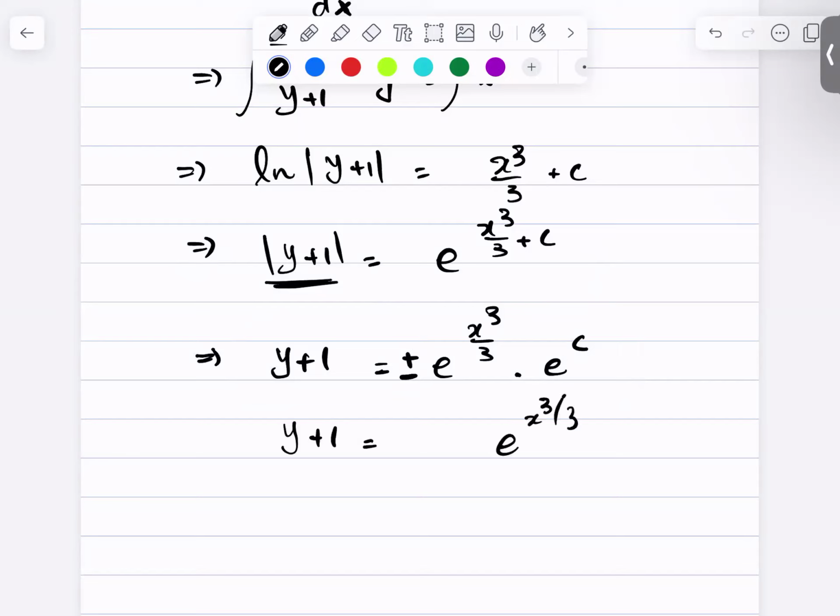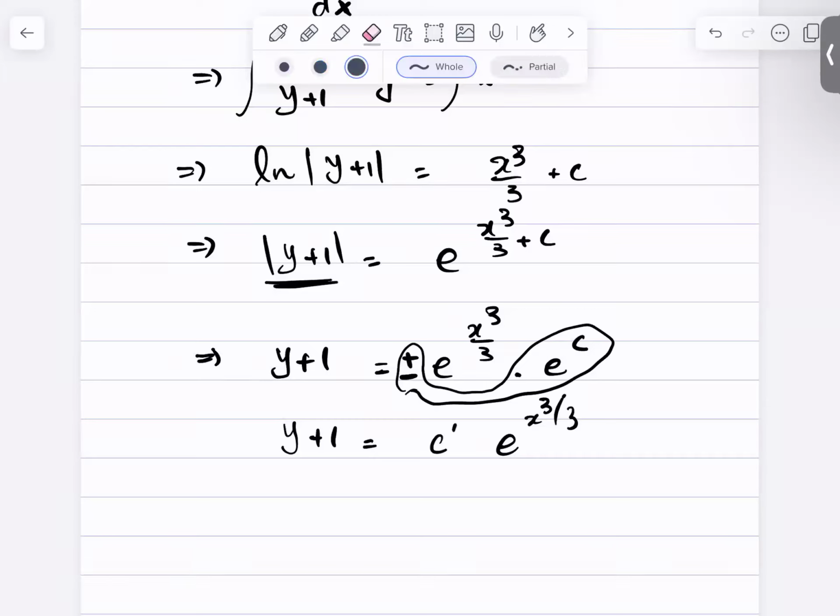But again, this plus or minus e to the c, this part is again anyway a constant, right? So I can write this as just c prime. Okay, cool.